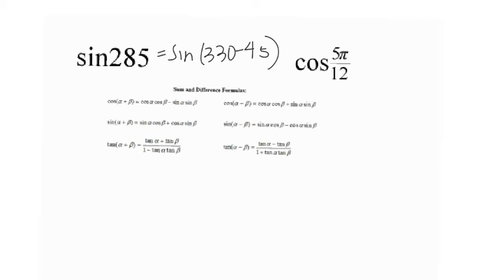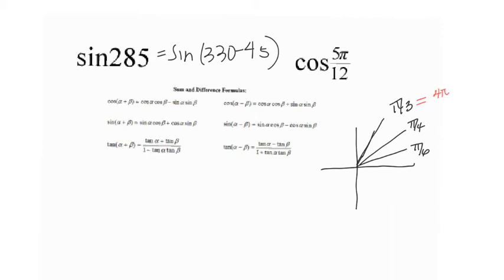When you do radians, the hard part about radians is that none of them are in twelfths, and I almost always give you twelfths. So this is pi over 6, right? And pi over 4 and pi over 3. I hope that you see that these are all twelfths. So this would be 4 pi over 12, and this would be 3 pi over 12, and this would be 2 pi over 12.